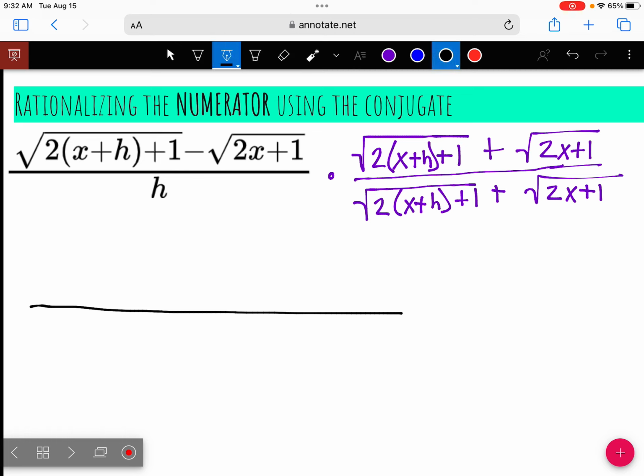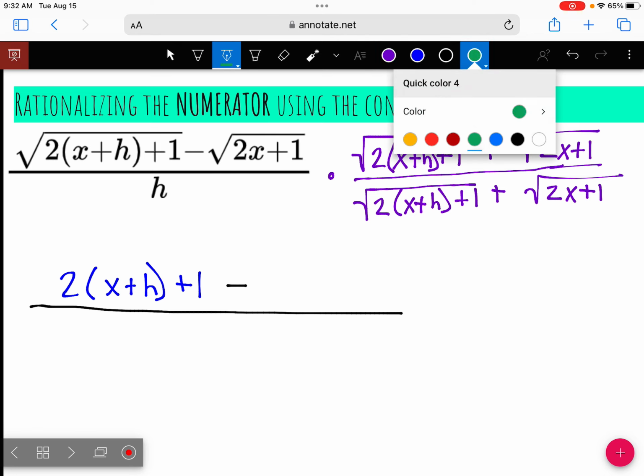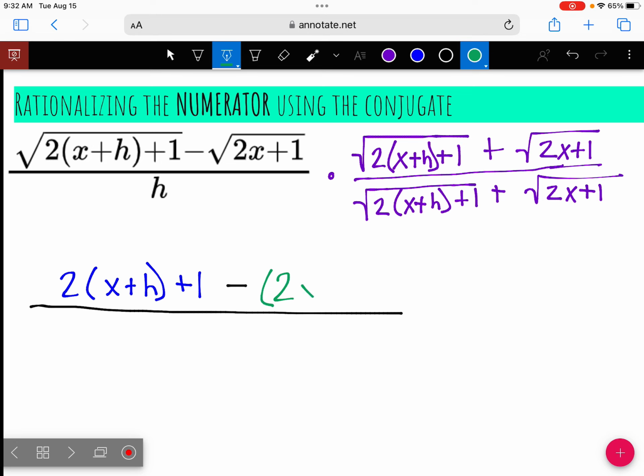All right, so our numerator is going to become, our first piece is that 2 quantity x plus h plus 1 minus, get a different color, green, 2x plus 1, right? Okay, on that part? Okay. Our denominator, we do h times hot mess.